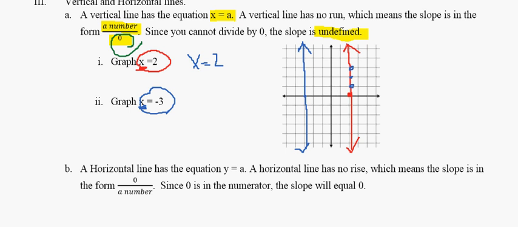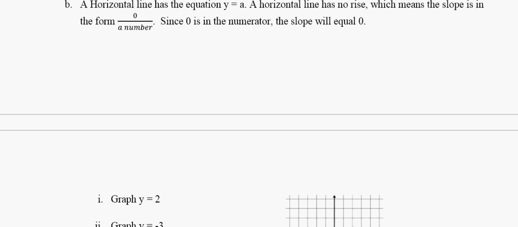So if you look at the line x equals 2, every point on this line has an x coordinate of 2. If we look at the line x equals -3, that means x always has to be -3 and y can be whatever it wants. So if you look at every point on this line, x is -3.